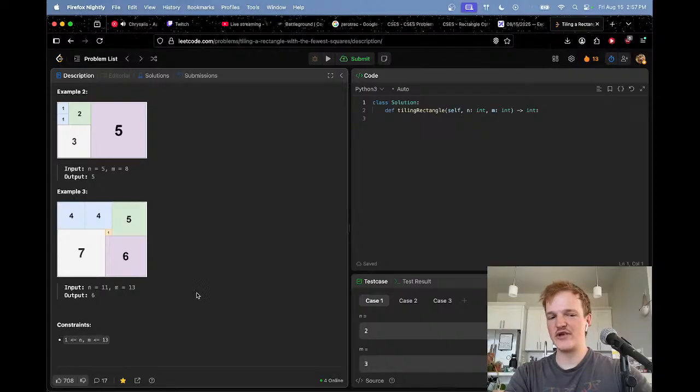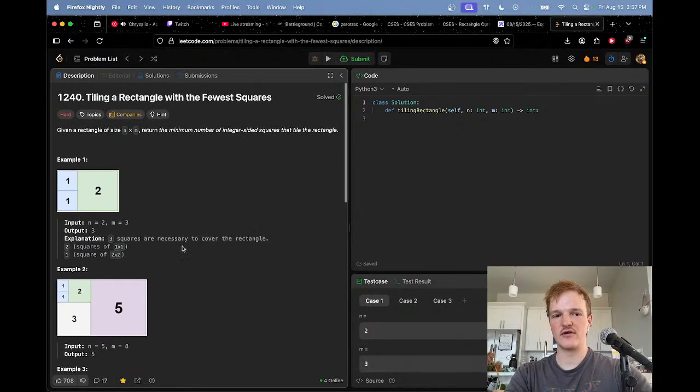Although this is different because n and m are 13. So I think this is in a way a completely different question. It's nice to know that this is considered a hard when the constraints are not anything.